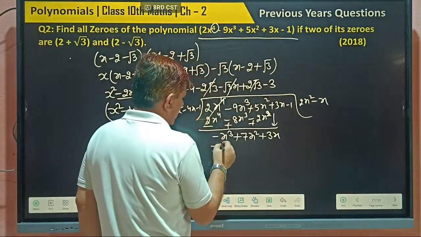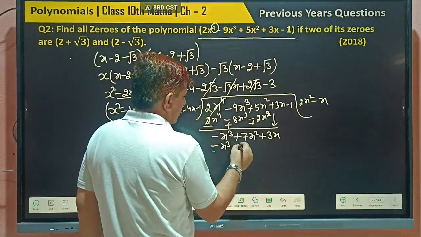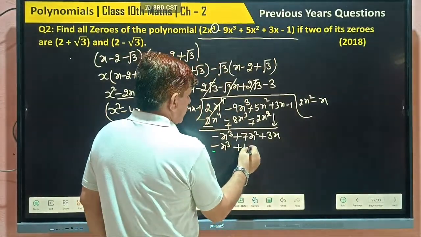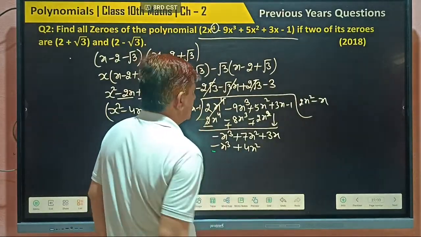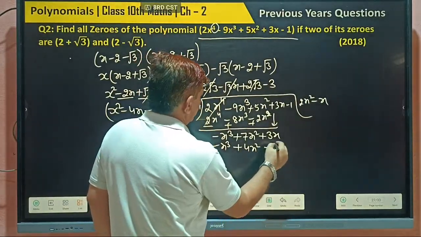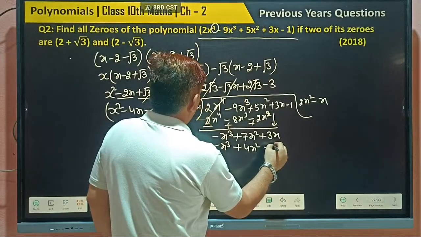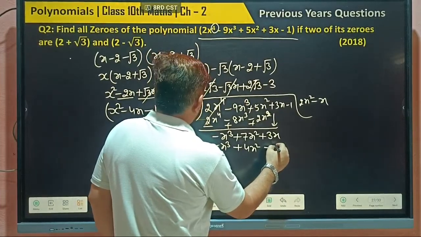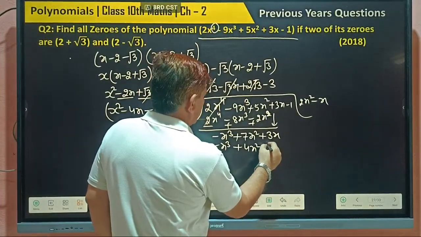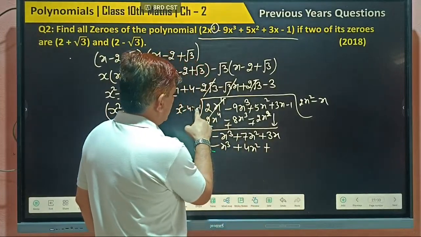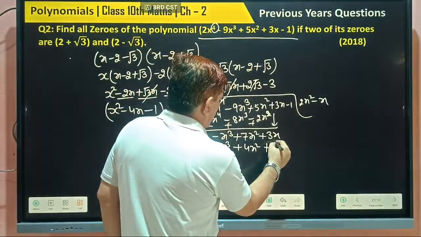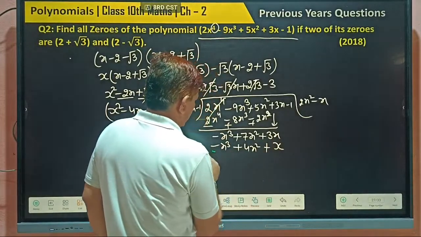So what's it become? Minus x cube plus 4x square minus x.